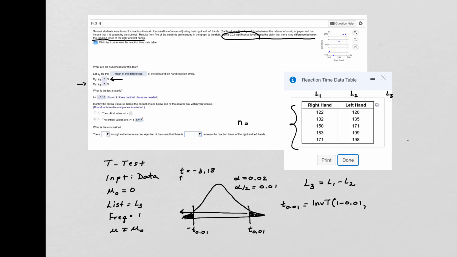The number of pairs in the sample is 5, so the degrees of freedom is 4. You just take the sample size minus 1, and I've got 4 for that. When I put that in, I get 3.747. So my critical values are plus and minus 3.747.